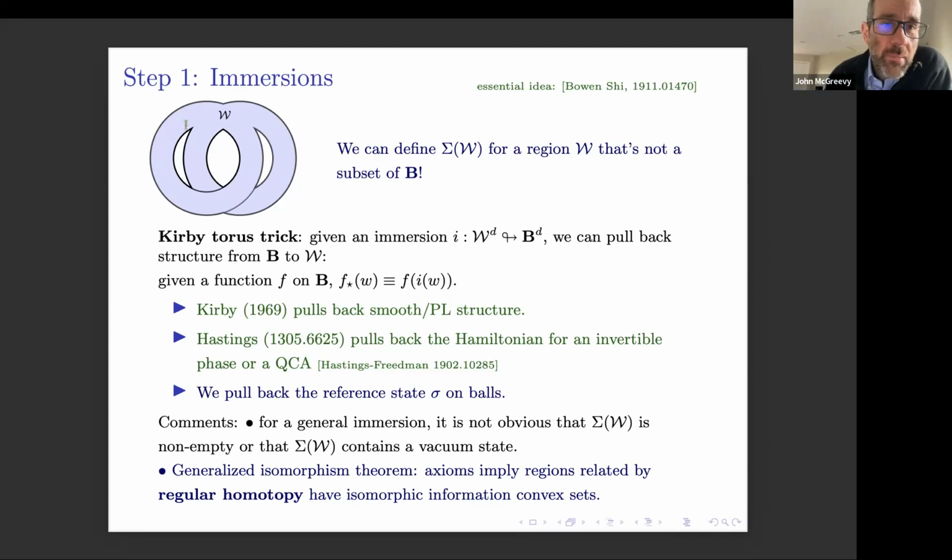By an immersed region, I mean one that's sort of a double cover. Here's a picture of what I mean by an immersed region. In this region here, I'm using the qubits twice. So in the neighborhood of this region, it's a double cover of the ball.